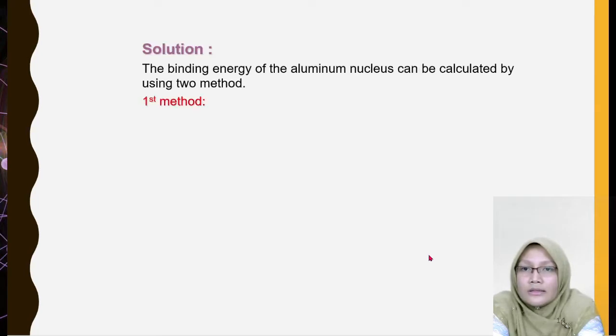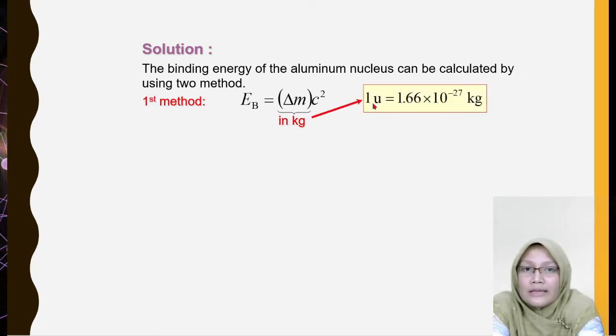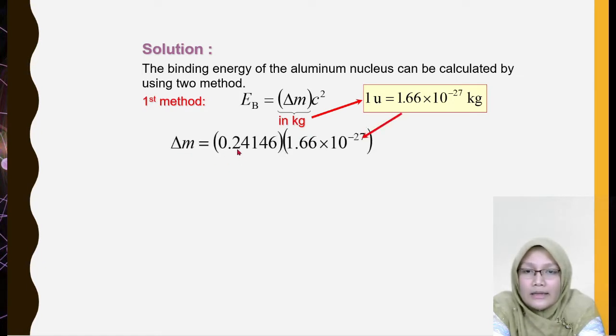So kita ada dua method. The first one, kita tahu EB equal to delta M c squared. So delta M ni dalam kilogram. Tadi mass defect kita dalam unit u, so delta M kita kena convert kepada kilogram. Macam mana? Delta M sama dengan 0.24146 darab dengan 1 u bersamaan 1.66 darab 10 negatif 27 kilogram.